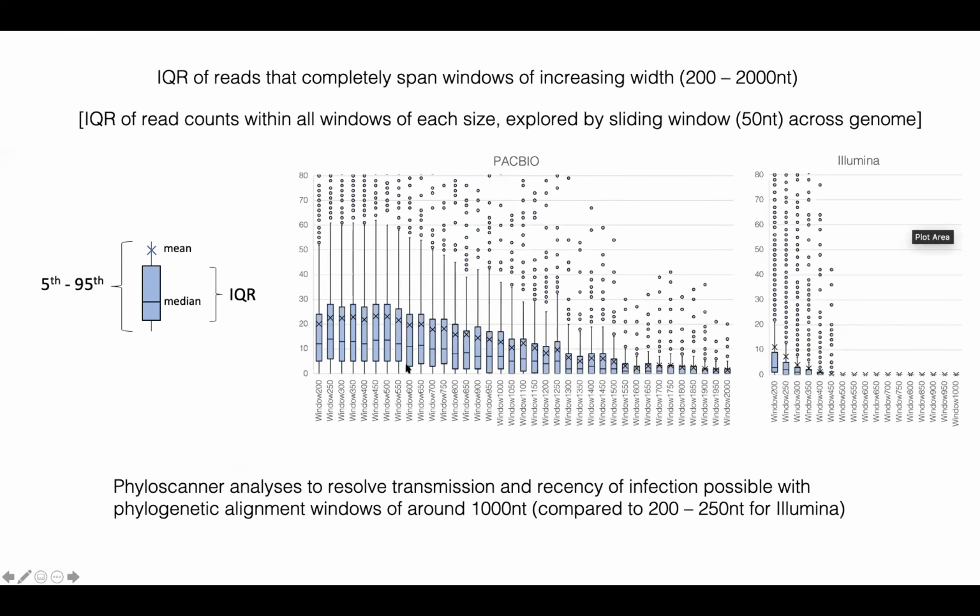So this analysis was basically looking at what phyloscanner could do with that sequence, and on the right you see what we get with Illumina, the numbers of reads on the y-axis that you get with windows of 200 and 250. We actually do a lot of our transmission analysis with very little data at all. First of all, you see that with the same windows, you're sequencing much.